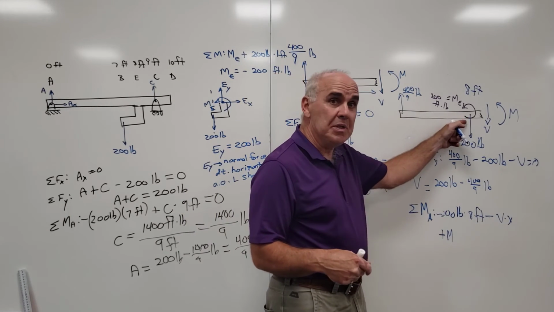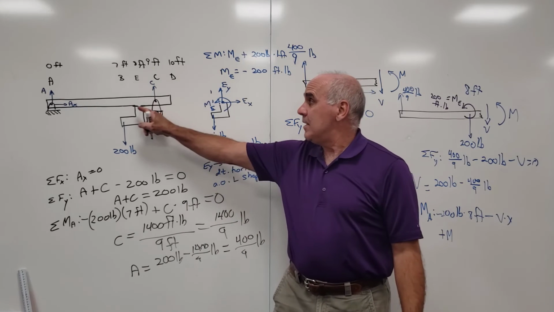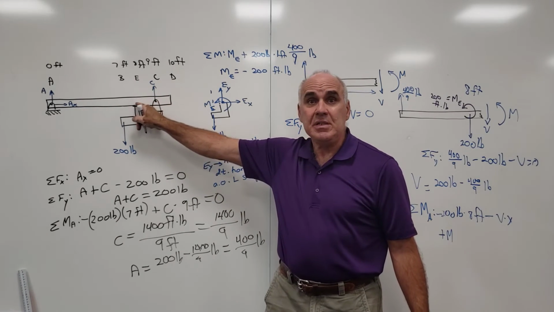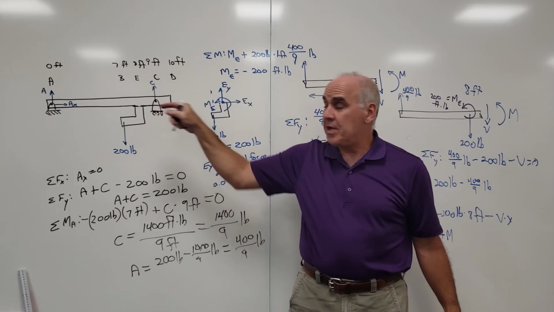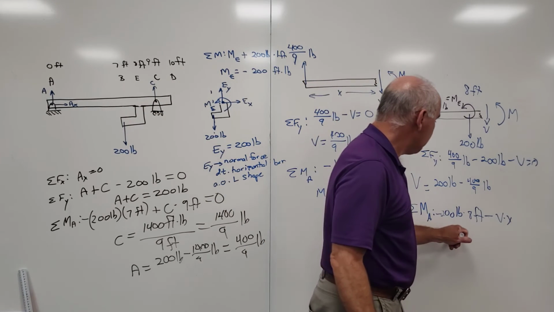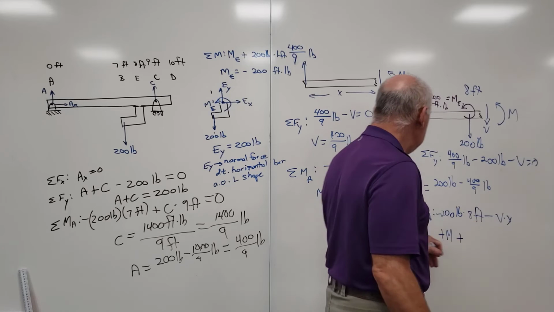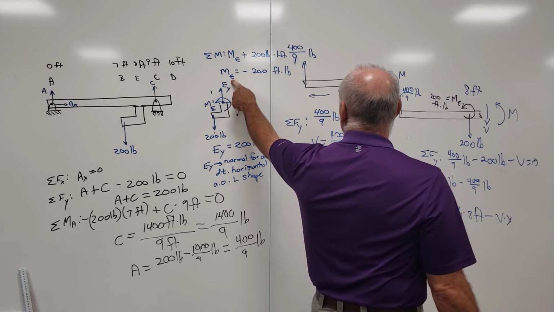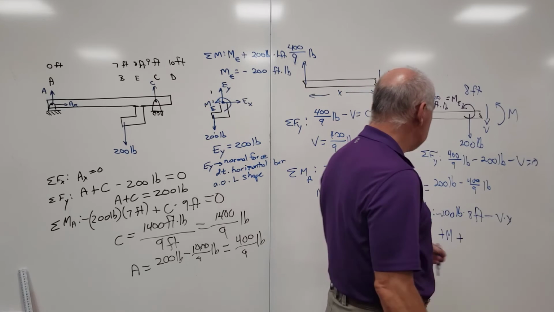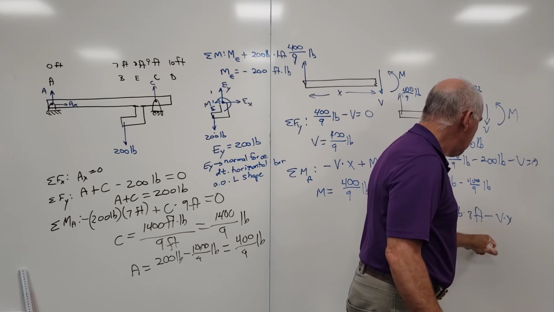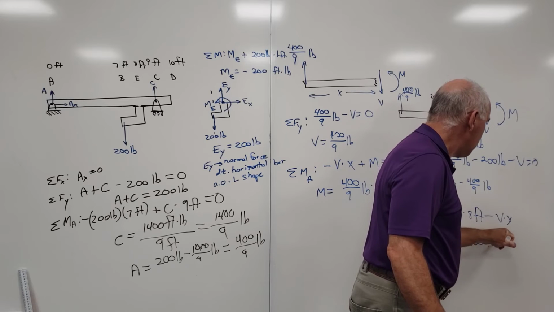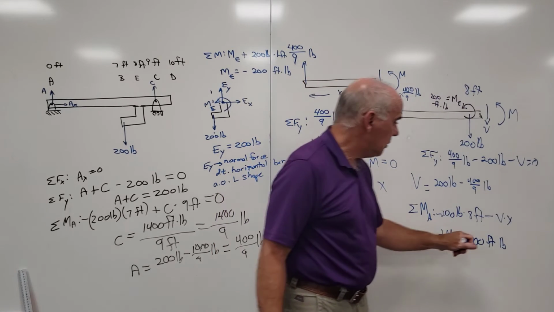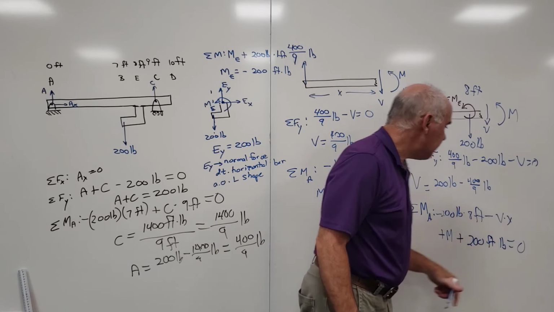I've got this moment being applied at this location because of the shape of this thing. So there's a moment twisting this bar at this location, and I have to count that. So plus m sub e, but m sub e, going back to here, the magnitude of m sub e is 200 foot-pounds. And so that's got to be included, and then I set that equal to 0.